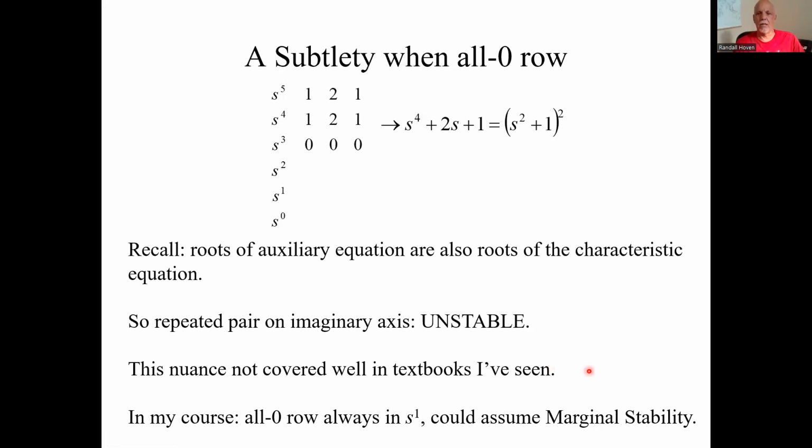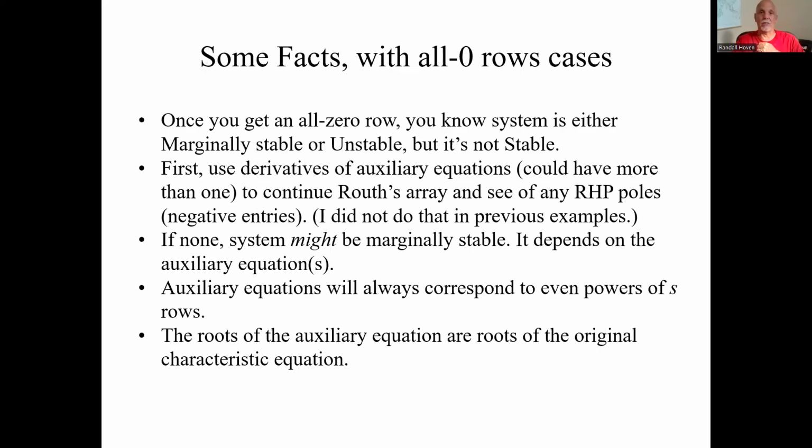And like I said, this kind of nuanced case is not explained well in textbooks that I found. I kept it simple for my students. Any all 0 row was in the S1 row, and they could assume marginal stability and go ahead and calculate sustained oscillation. Once you get a row of all zeros, you know it's either marginally stable or unstable, but it's not stable.